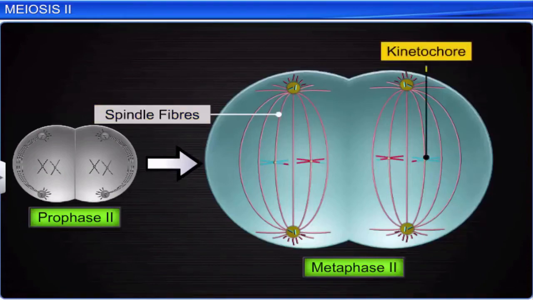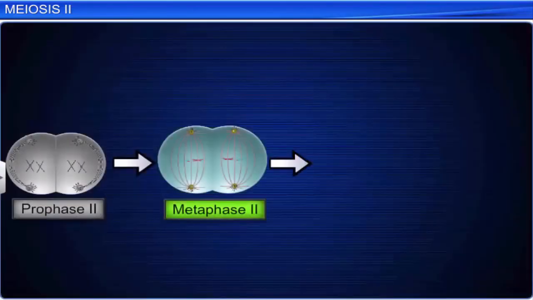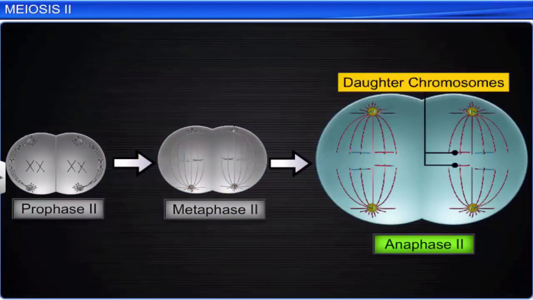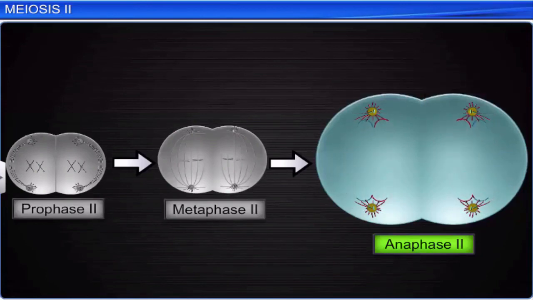The next phase of meiosis 2 is anaphase 2. During early anaphase, the centromere of each chromosome divides longitudinally into two and splits the chromosome into two daughter chromosomes. These daughter chromosomes are then pulled to the opposite poles of the cell during the late anaphase stage.